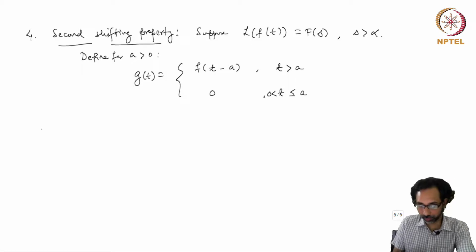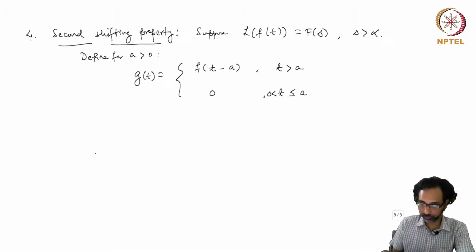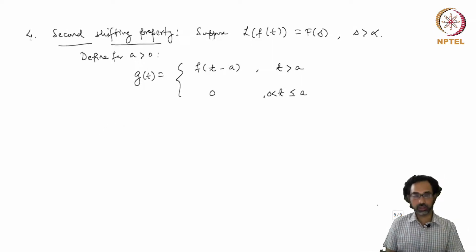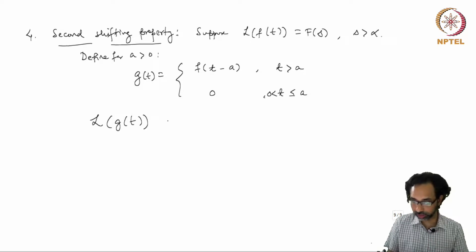Now let us see the proof of this property. So I want to compute the Laplace transform of this function g(t). We have defined this new function g(t). The second shifting property says that the Laplace transform of g(t) is given by exponential minus as times capital F(s).